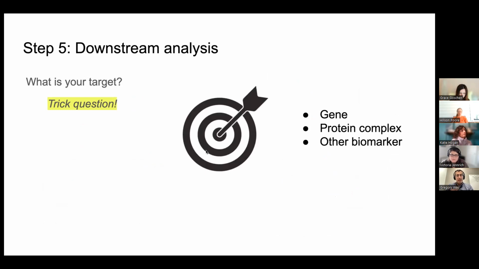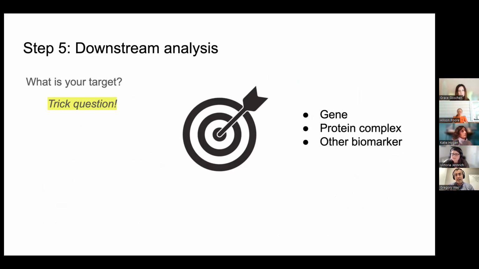So this is where I talked about the trick question. Before any of this happens, we need to really think through what the target is. Is your target a gene? If you're looking at a particular cancer type and you think that this gene is really important to target with a molecule, because if you can target this gene, you can reduce its expression, and it's been shown that if you reduce this gene's expression, you might have a good chance of killing that cancer cell.